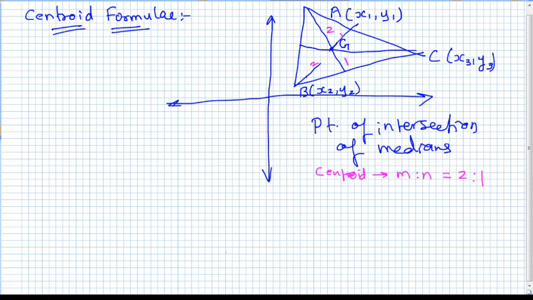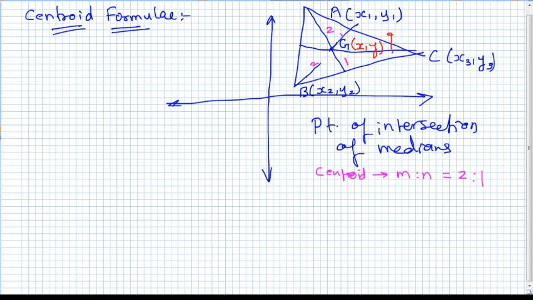Okay, now what do we want? We want the coordinates of the centroid, right? Suppose we take it as x comma y, and we want to find this out. So what is the formula for that? Let me try to write it here.